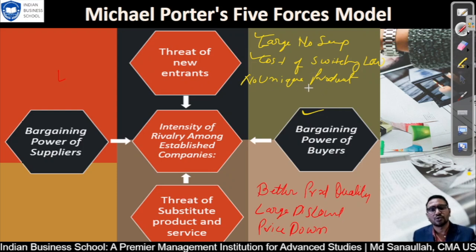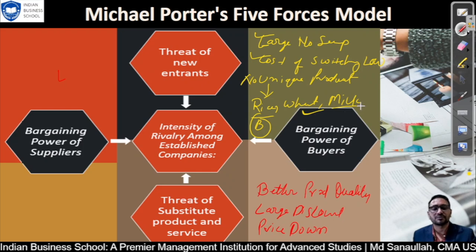Okay, and no unique product. It means suppose a company is selling rice, wheat, milk, dairy products and that kind of stuff. These products are normally the same, whatever brand you take. Whether you buy from any supplier, there will be little bit of differences in product, but the ultimate product is the same.